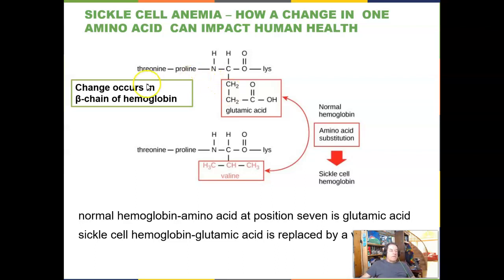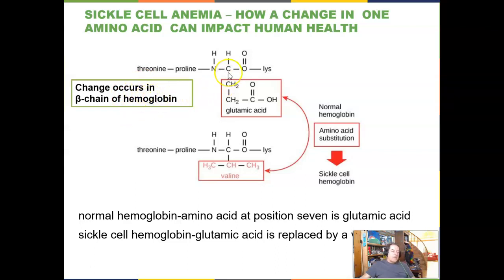Protein shape determines function. You're all familiar with the idea of hemoglobin being a protein that carries oxygen using a reactive iron atom right in the center of each hemoglobin molecule. Hemoglobin carries oxygen in our blood.